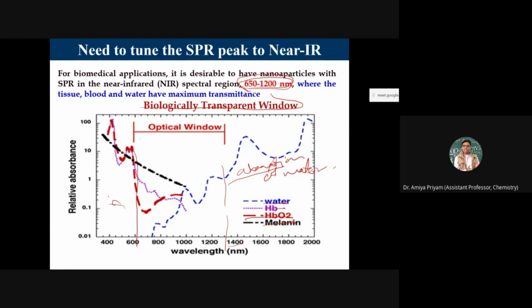So you have absorption by Hb, HbO2, and melanin. You can see this. It is only this window which is available to us where the absorption is very low for the biological components that we are talking about.